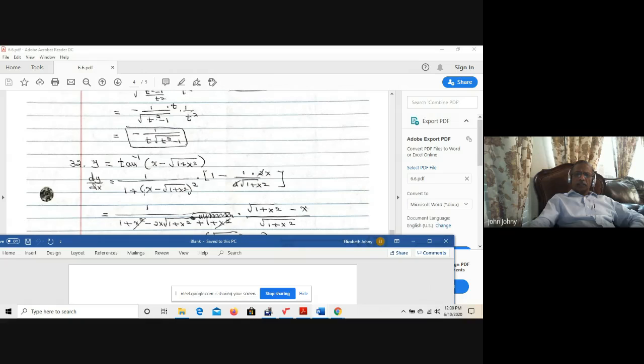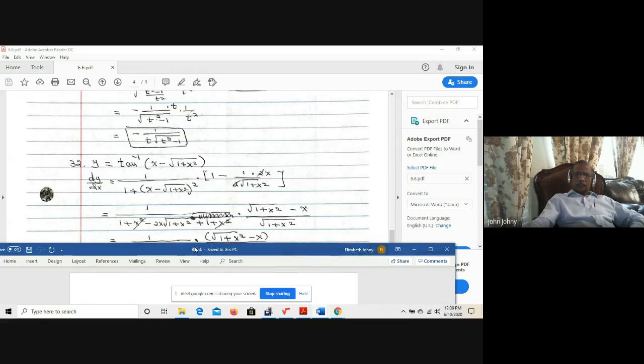You FOIL this. When you FOIL, you get 1 plus x square minus 2x times square root of 1 plus x square plus 1 plus x square. And then here you can make them upon a common denominator. So it becomes square root of 1 plus x square minus x divided by square root of 1 plus x square. You express that in a common denominator.